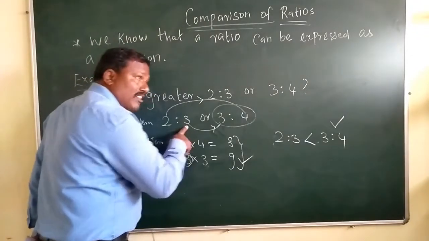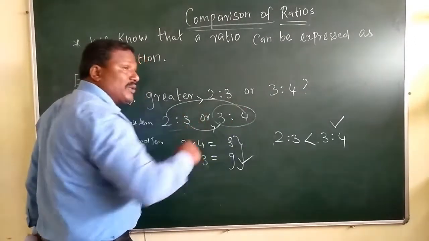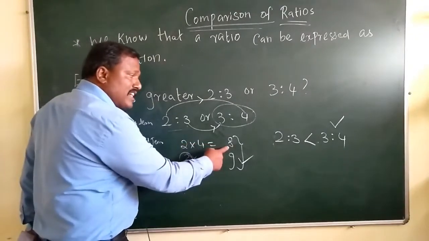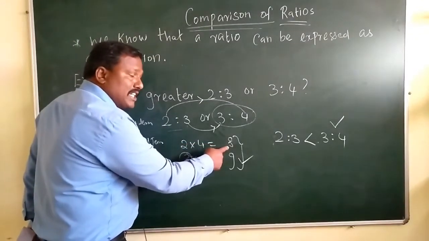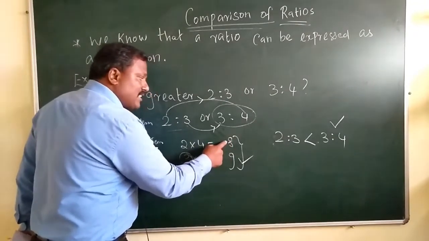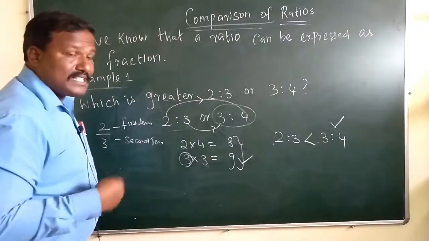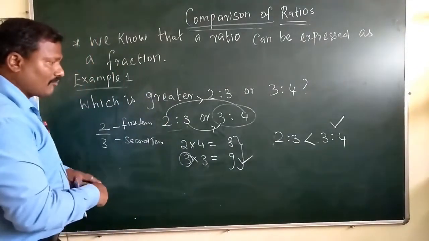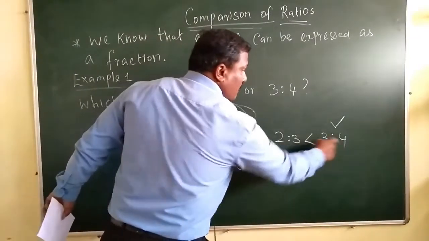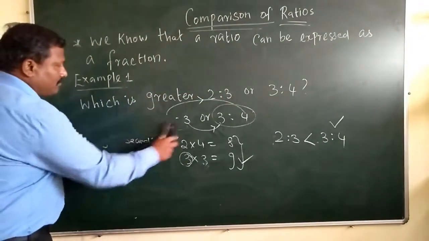If that product is greater, the second ratio is greater. If the other is greater, the first ratio is greater. For your understanding, let me discuss another example. So 2:3 is less than 3:4, which is the greater ratio. Let me solve another example, then you can understand.